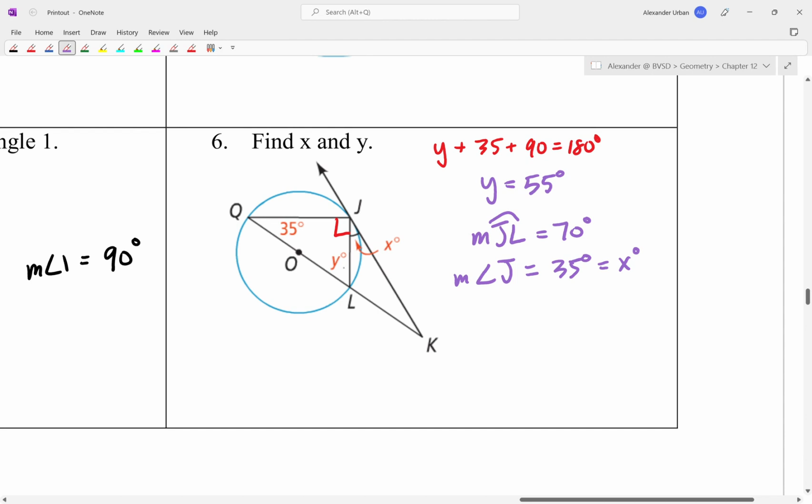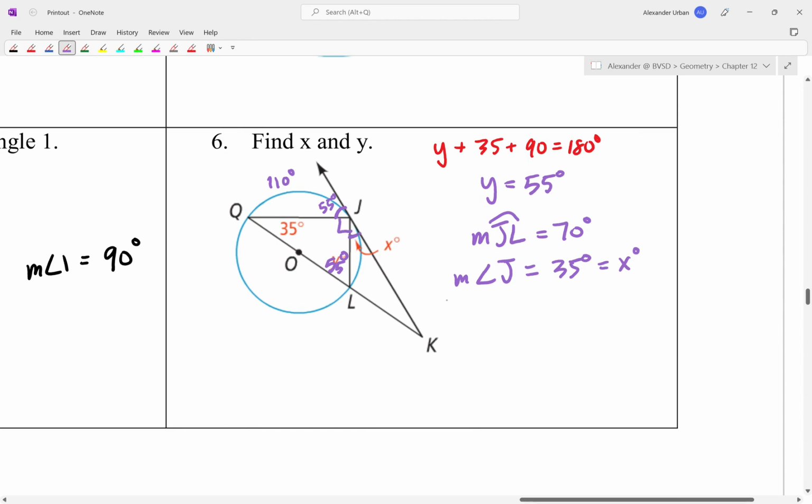What I'd like you guys to see is that we decided that y is 55 degrees. If that's true, this arc measure right here is double that, which is 110 degrees. So if I'm looking on the other side of this, this angle will be half of that, which will be 55 degrees as well. And then we had this 90 degrees.